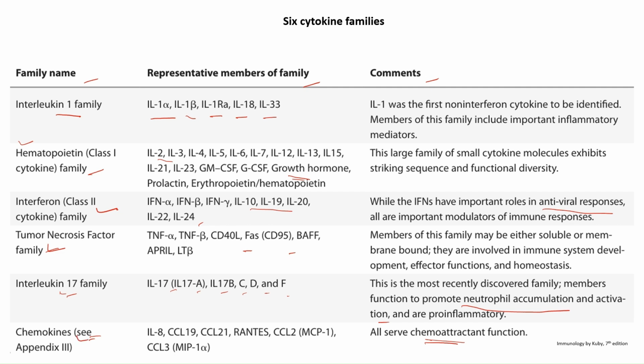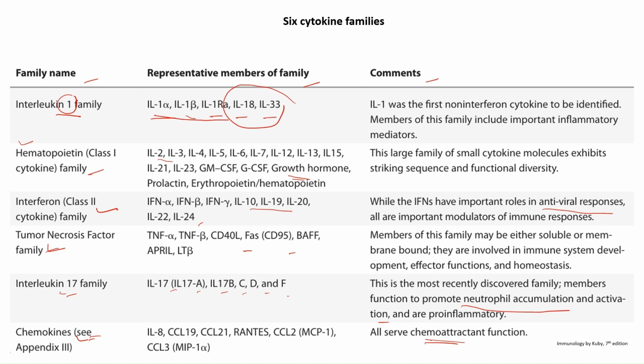So from the name itself, we can get a little bit of an idea about the function of these cytokines. To remember the members of the cytokines, for interleukin 1, you can see here it is all 1 alpha, 1 beta, 1 RA. Apart from that, we have only two, that is 18 and 33.